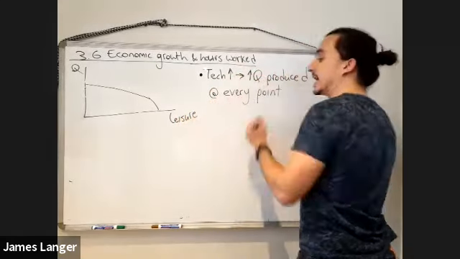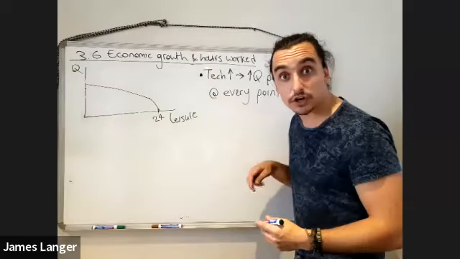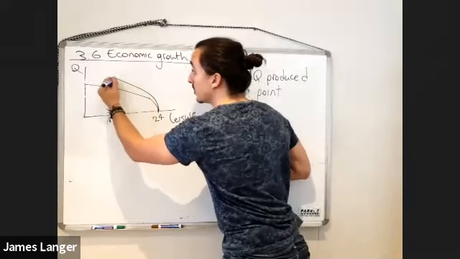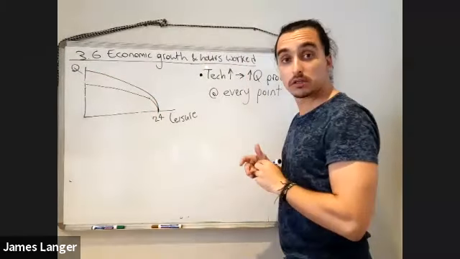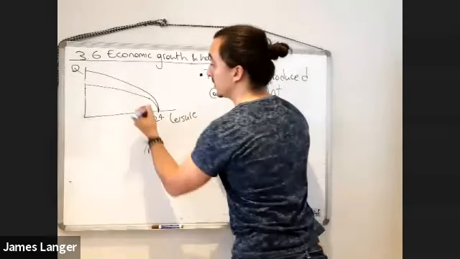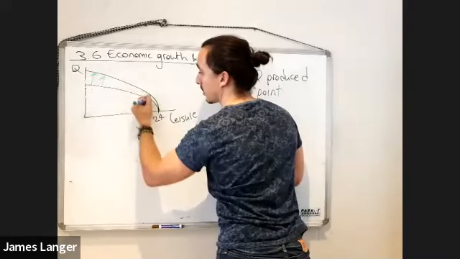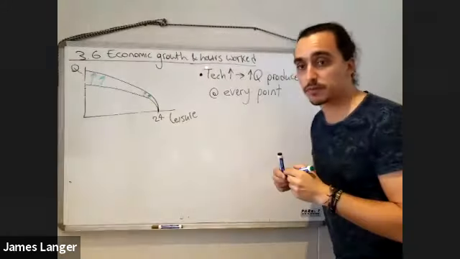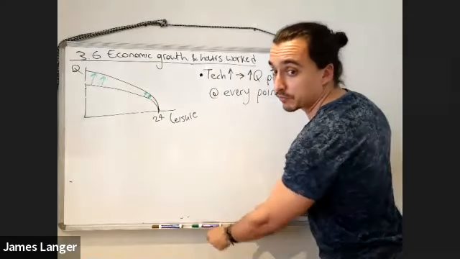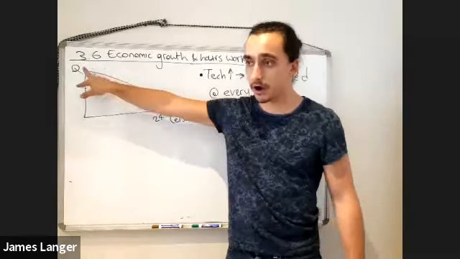It doesn't change the fact that there are only 24 hours a day that you can have leisure. But what it does mean is that as you give up leisure, you now get larger amounts of output than you did before. So we see this shifting outwards. Please give me a thumbs up if this makes sense to you guys. Technology is going to push the feasible frontier outward, but it's not going to change the leisure limit, and the difference gets bigger and bigger.